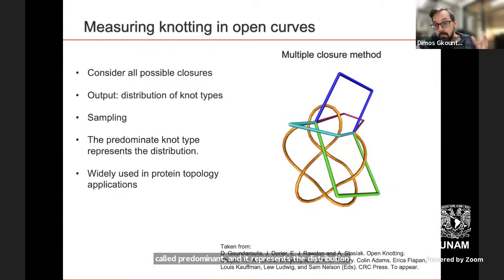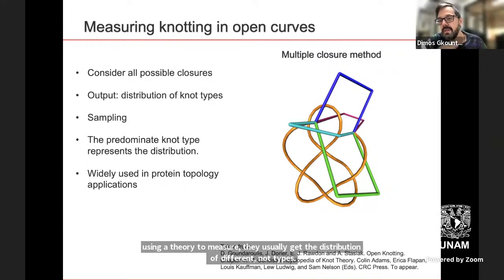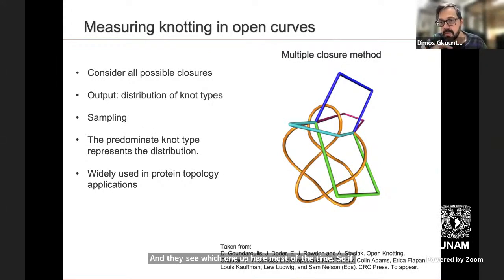And this is how people measure knotting in biology, and in polymer science and other sciences that use knot theory to measure knotting. They usually get the distribution of different knot types, and they see which one appears most of the time. So if you have a trefoil appearing 80% of the time in your distribution, you say, okay, this is a trefoil knotted protein.